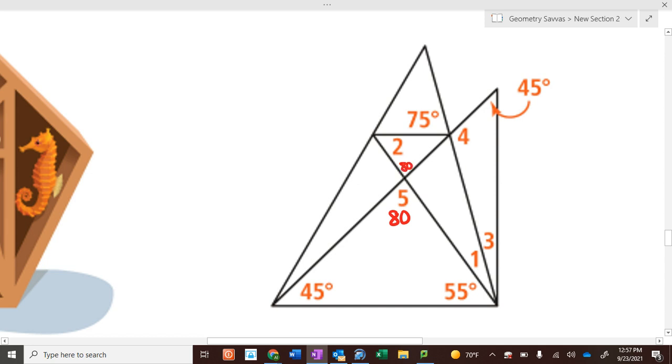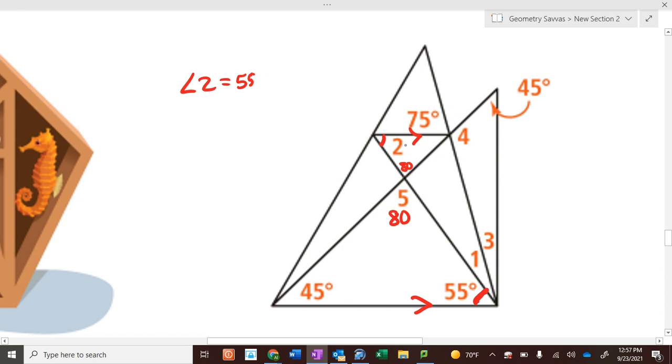Now, if we have parallel lines here and here, this angle is congruent to what angle? This angle down here, 55, is congruent to what angle? Angle 2. So if they're congruent, we know angle 2 equals 55 by alternate interior angles.